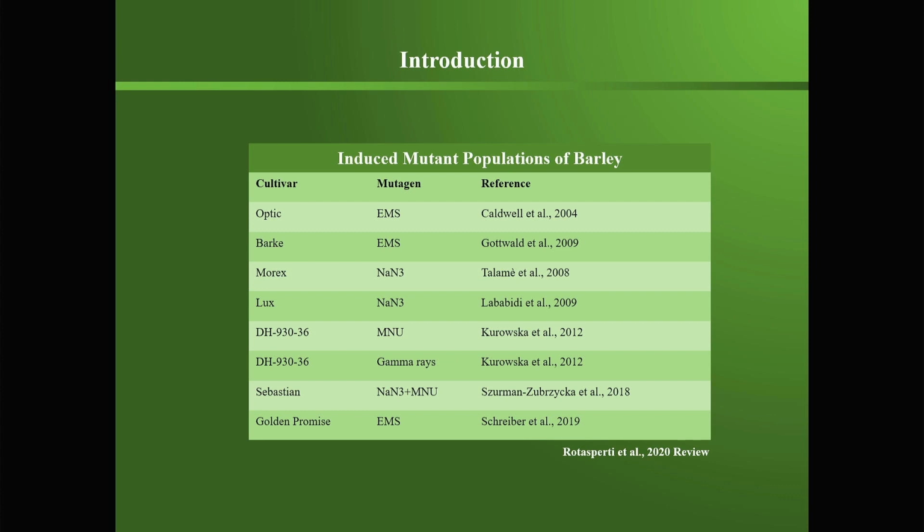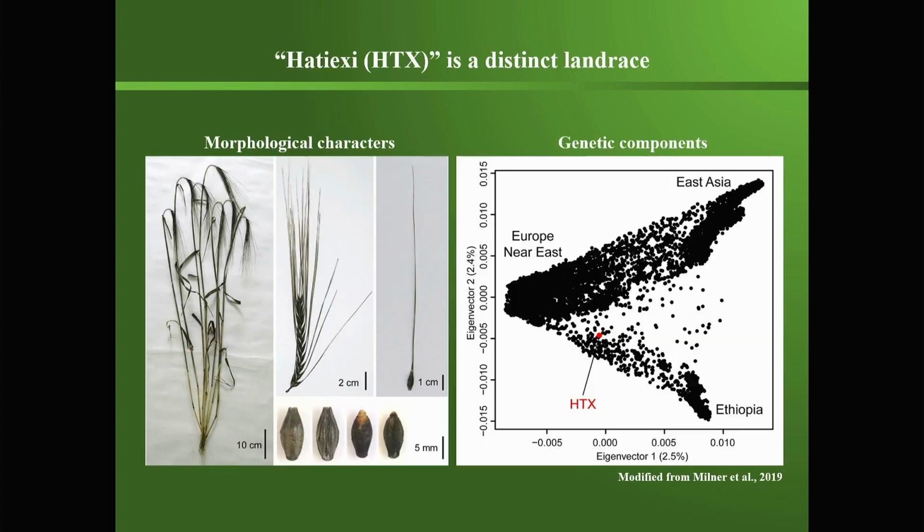For barley, many mutagenesis populations have been developed, with most of their parent accessions having a European genetic background. For this study, at the beginning, we attempted to pick a wild-type parent with East Asian descent. In Chinese, Ha-Tie-Xi is a barley landrace collected from northeast China by the National Crop Gene Bank in the middle of last century.